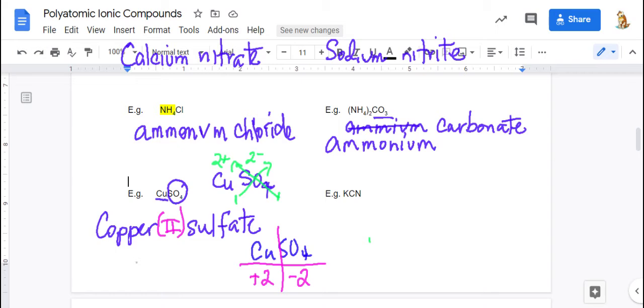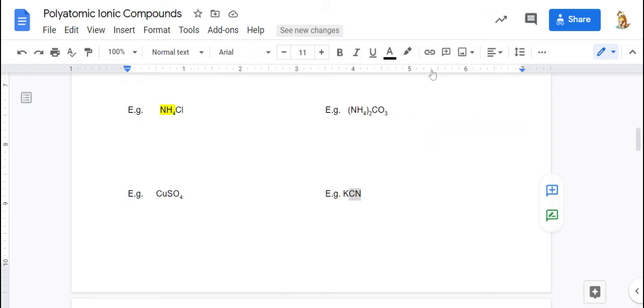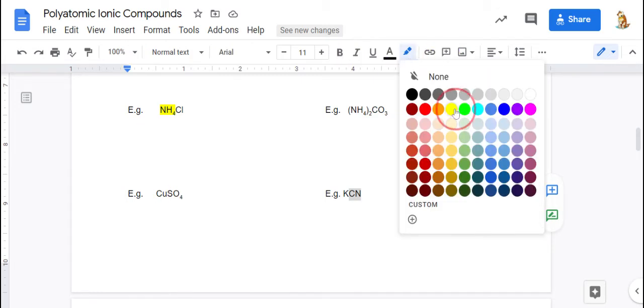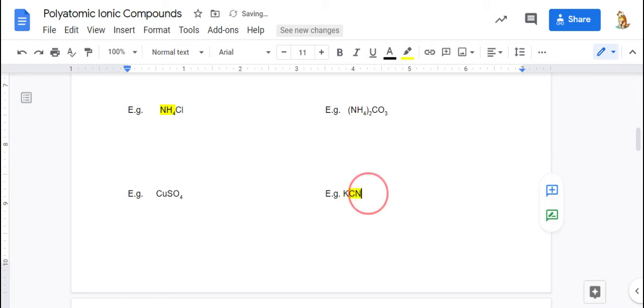All right, KCN. Here, you know the polyatomic ion is the negative ion. The polyatomic ion is the second one because the first one is not NH4.